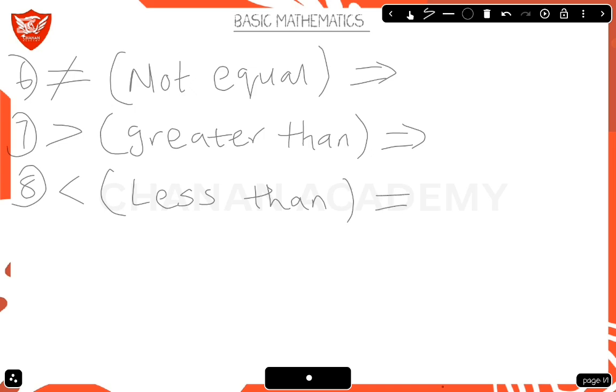So if a is less than b and a is equal to 3, it means that b can take values that are above 3. So you can take a value of 4, 5, but b can never assume any value that is below 3. And I believe you understand.